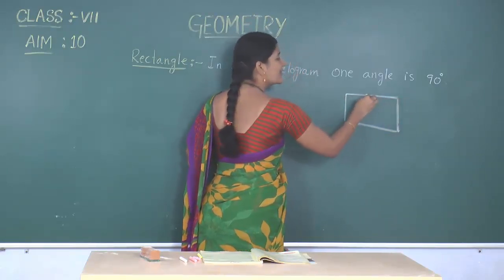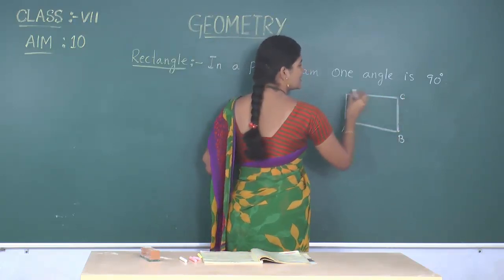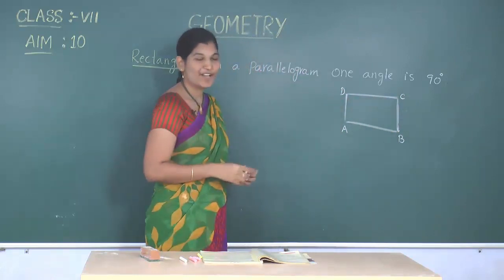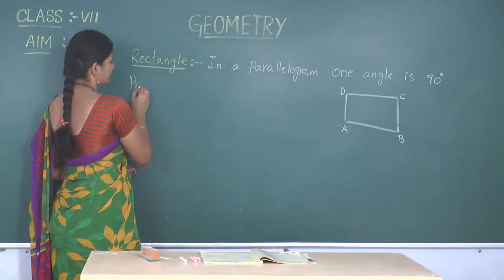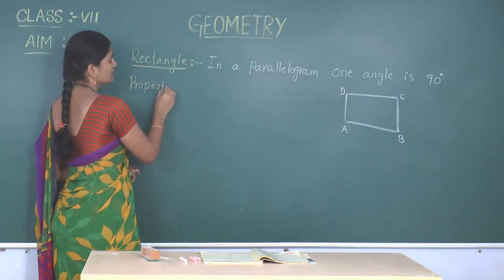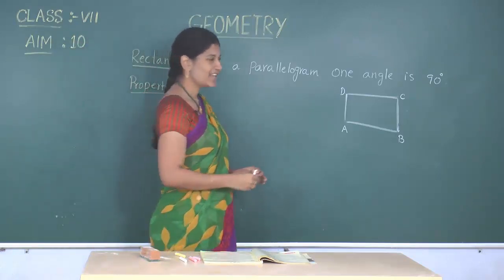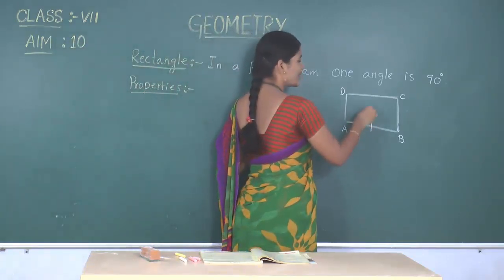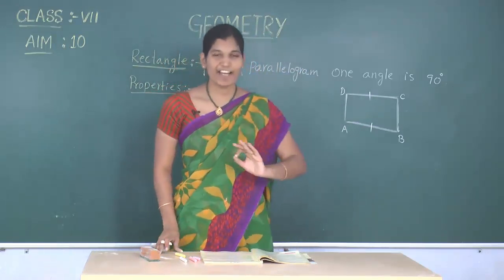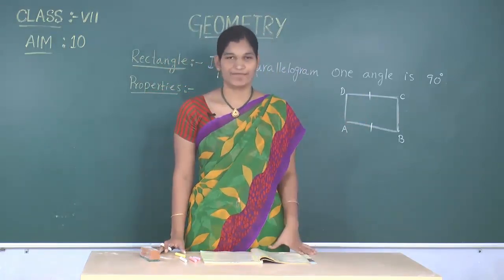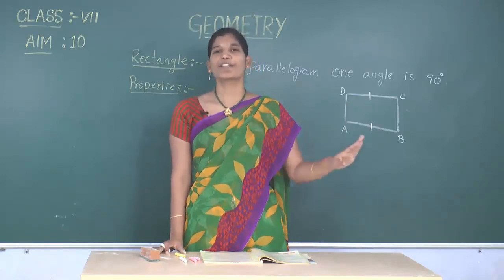What are its properties? Now let me give the names A, B, C, D. Now let me write the properties of a rectangle. Properties of a rectangle are, in a rectangle, opposite sides are equal. A rectangle should satisfy all the properties of a parallelogram.